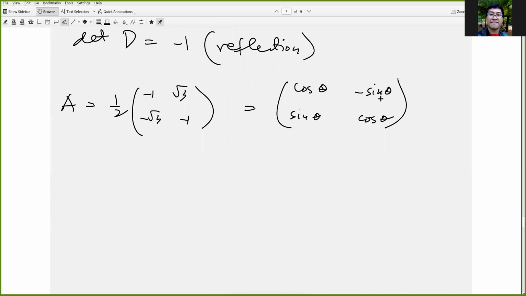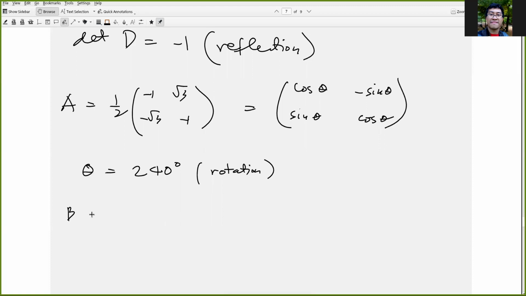If sine theta is negative square root of 3 over 2, then theta can be found somewhere in the negative y direction. If we try to visualize it, we can find that theta, the rotation angle, is 240 degrees. So this is a 240 degrees rotation.